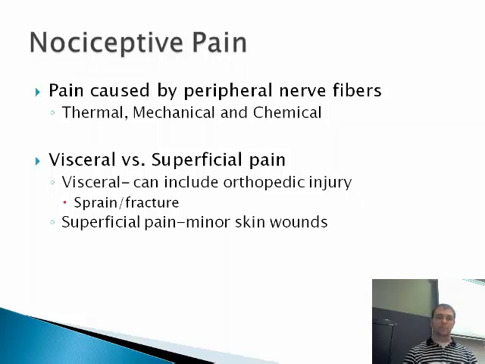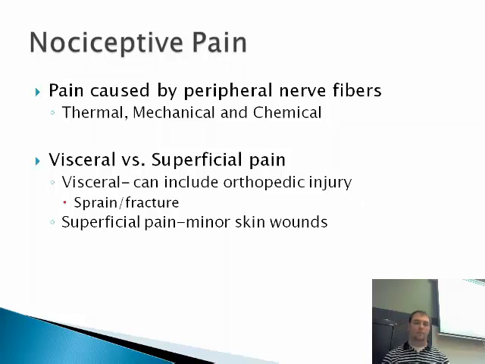So this could include orthopedic injury, sprains, fractures, usually a deep pain that can also affect the internal organs. So one article talked about all the pain should be going to the gallbladder, but it's not. It's going to the ankle. It's going to the head. It's causing headaches instead of going to the gallbladder.